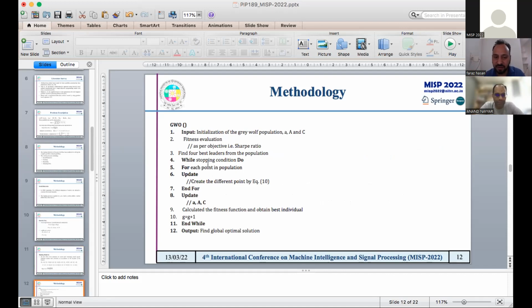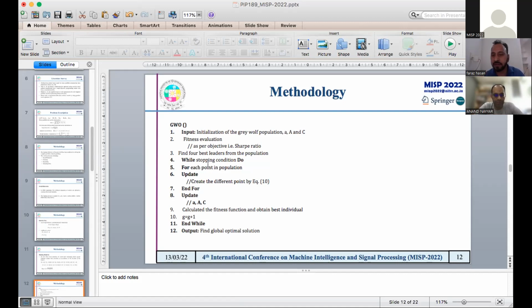Third, we find the 4 best leaders. We can construct the hierarchy of the groups from the population. Now, until the stopping condition is met, we iterate through this process. For each point in the population, we update the position of the prey by using equation 10.